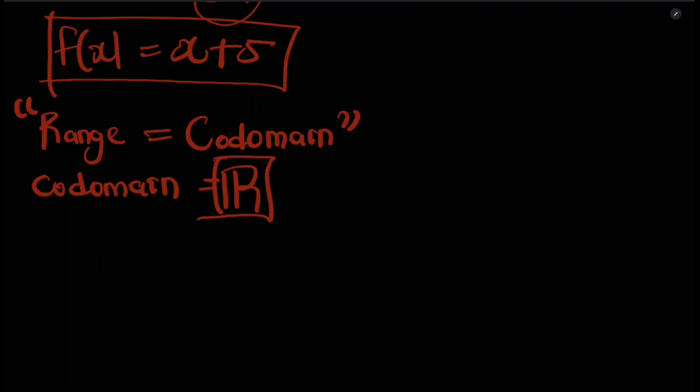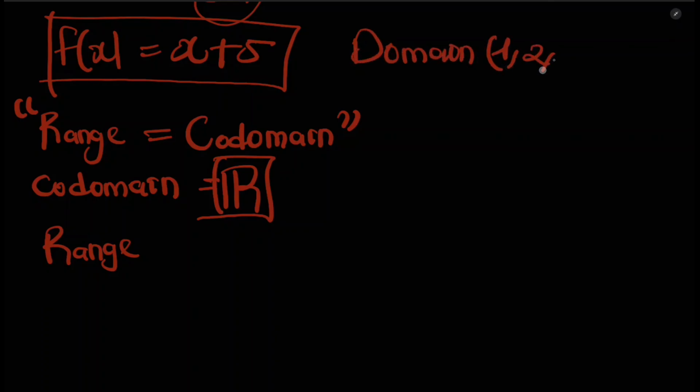This is our codomain in this case. Now, to find our range, let's just have a domain of 1, 2, and 3.